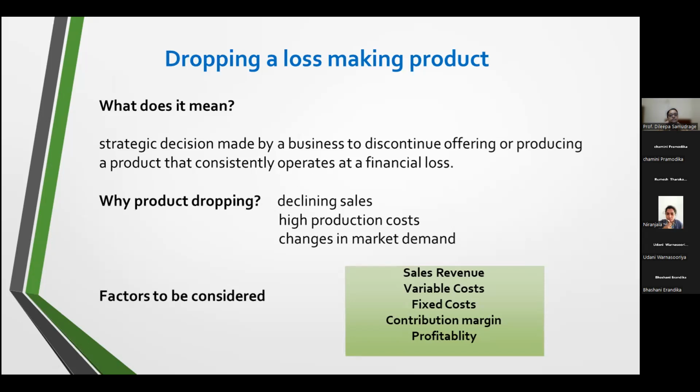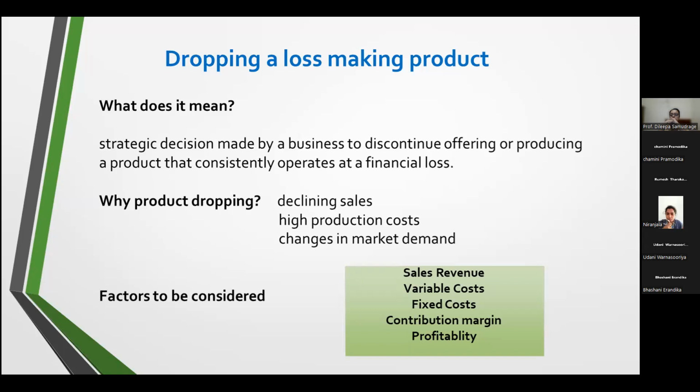When an organization has a range of products and one product is making losses, the organization has a strategic decision whether to continue or drop it. When making that decision, we consider the contribution margin of that product.